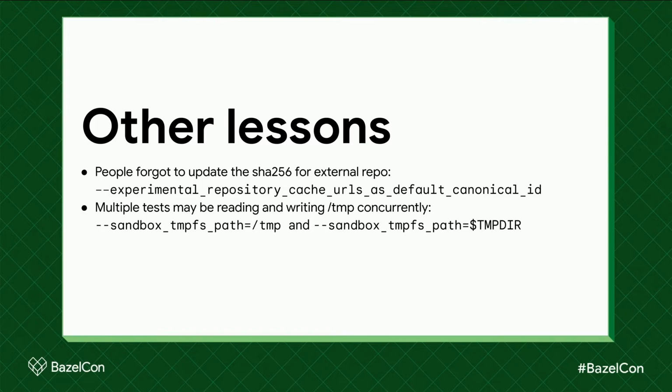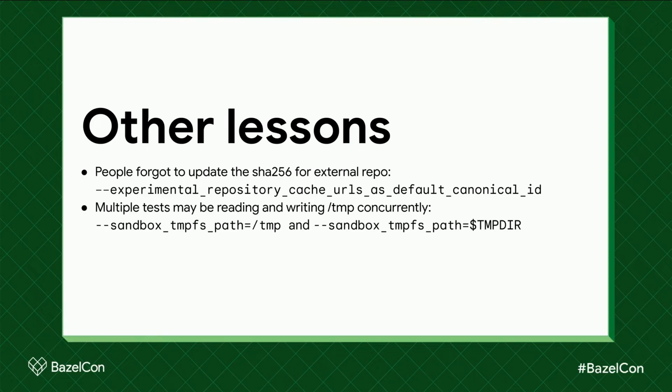And then on a machine where the repository cache is available, Bazel will fetch the old repo. When it's not available, Bazel downloads the new repository archive, and then it causes a SHA mismatch. So we contributed a new flag to Bazel to ask Bazel to use the URL as the ID, so that it always fetches the new archive.